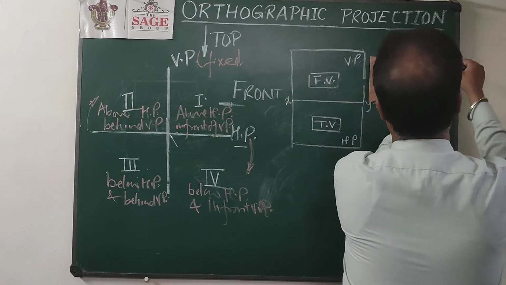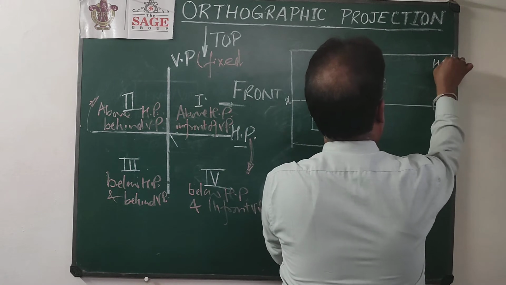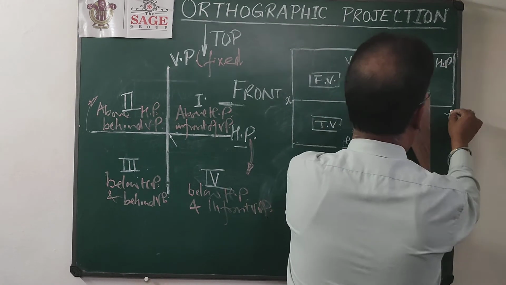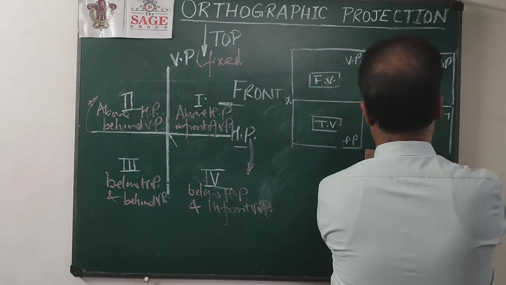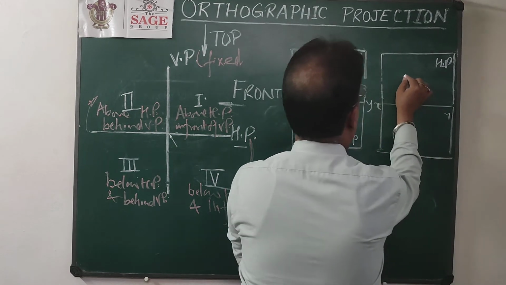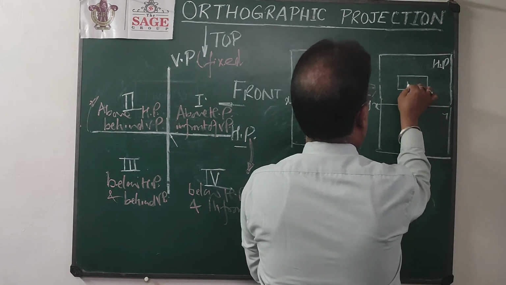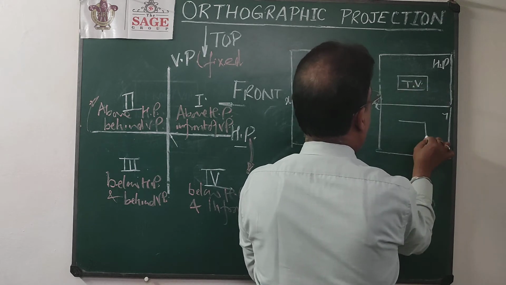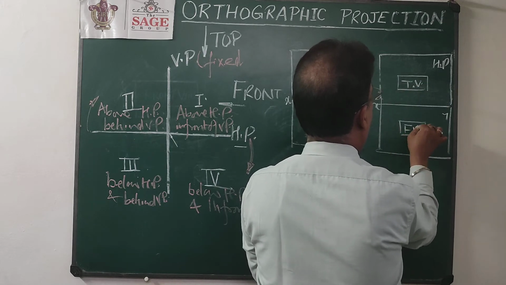So HP will go up and VP will come down. So if the object will be in the third quadrant, the projections will be like this. This time I will get top view above XY and front view below.